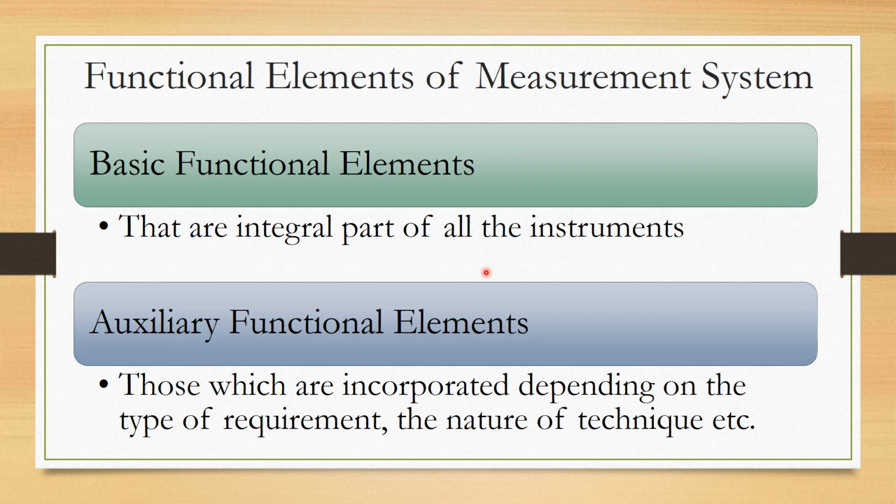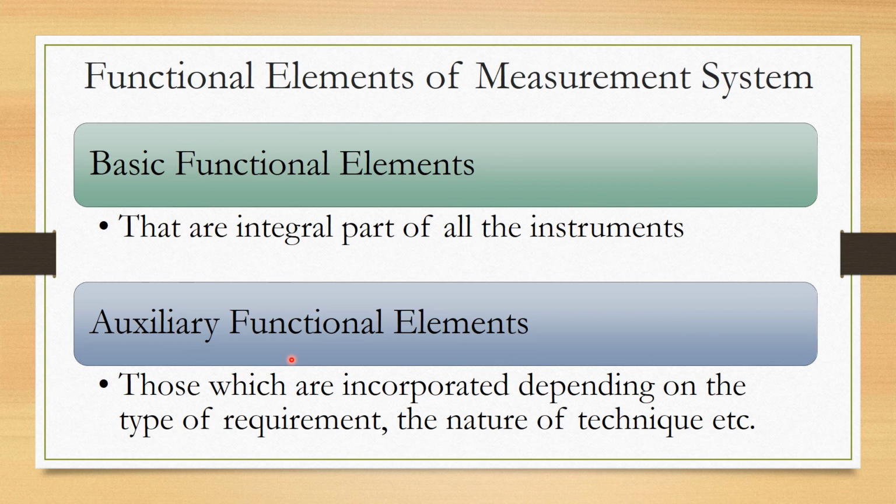Every instrument has basic functional elements, while auxiliary functional elements are those elements which are incorporated depending on the type of requirement, nature of technique, etc. So they are not integral to the instrument and they will be used in certain special situations.